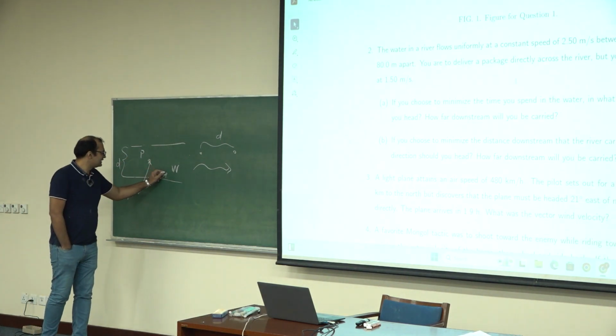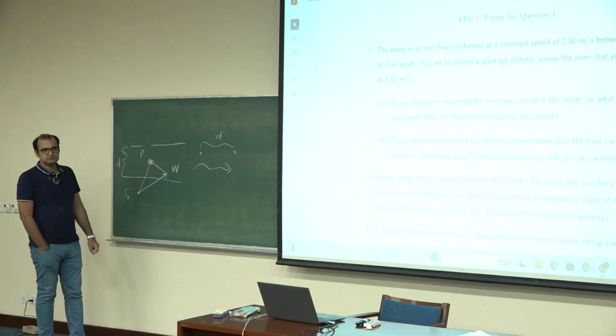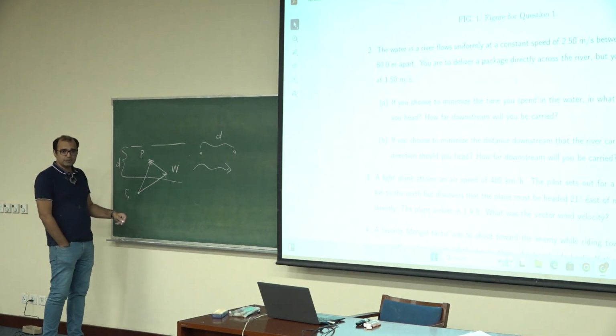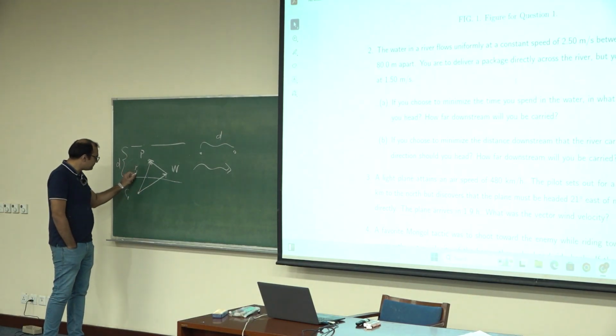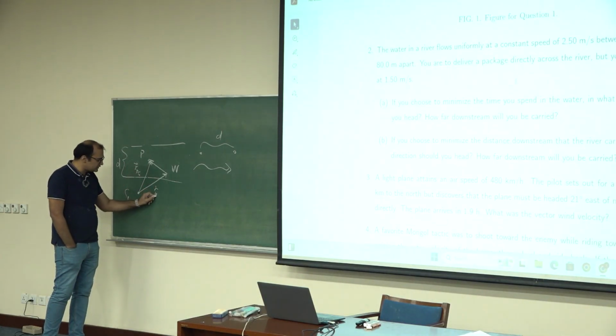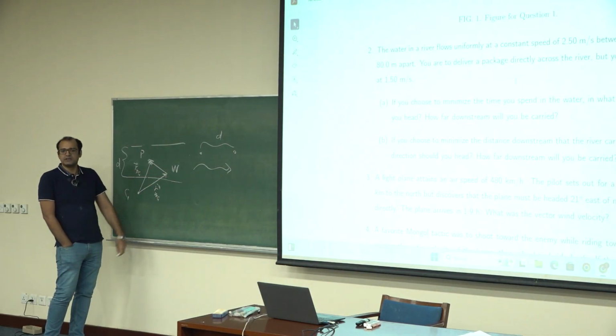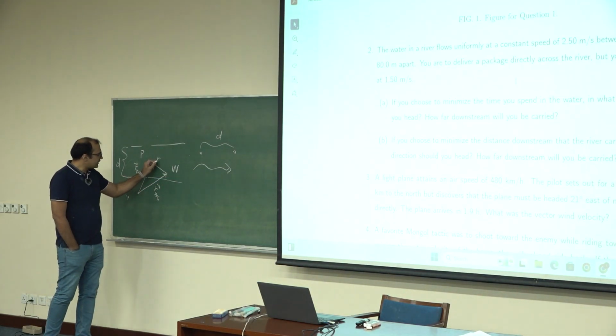So you have this and then you have this. How do you measure these velocities? This is the position vector of the person with respect to the ground. This is the position vector of the water with respect to the ground. Water observer, jiski वही velocity होगी जो water की है. This is the position vector of the person with respect to the water.